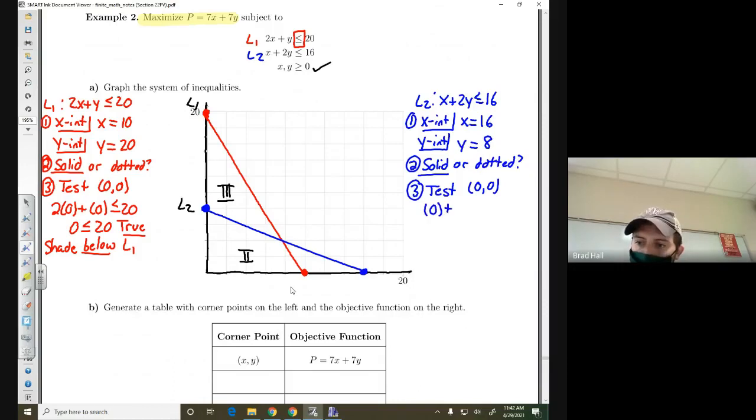We plug in 0 for X, 0 for Y, and we get a true statement yet again.